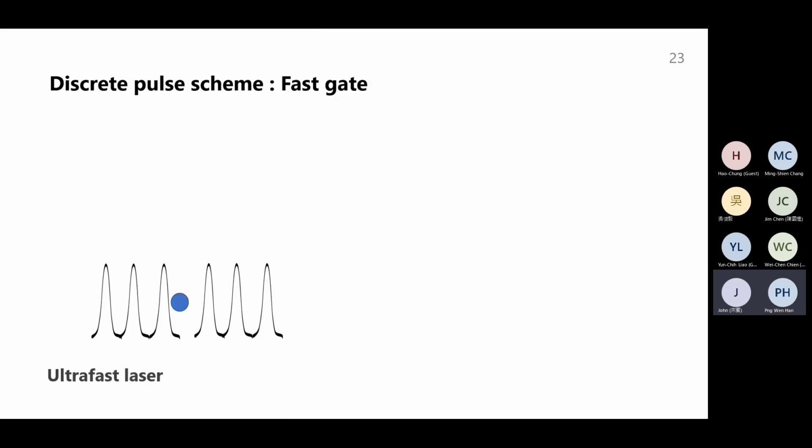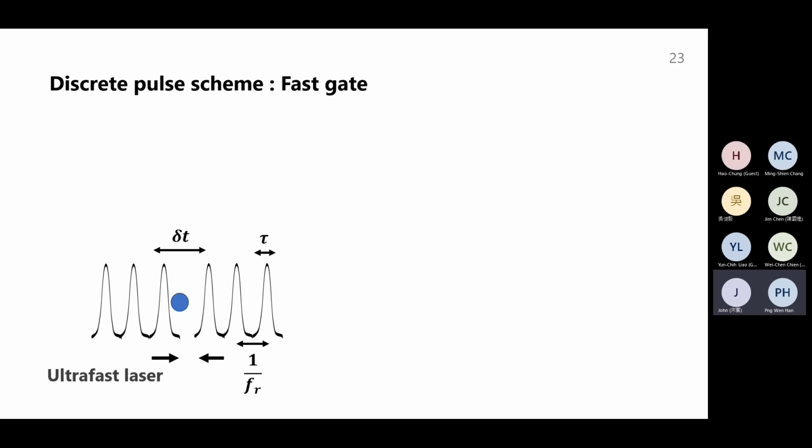And let's look into more details of how we actually accomplish the fast gate. So here we have the ultra-fast lasers coming from two directions. Each pulse has a width of tau, and there will be a delay between these two pulses coming from two directions.